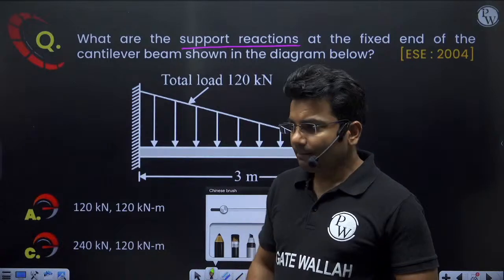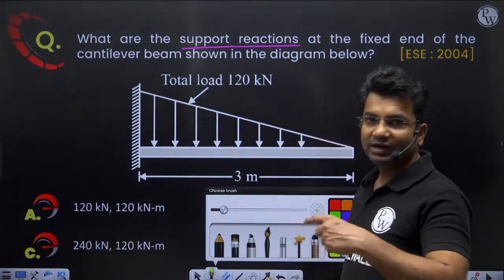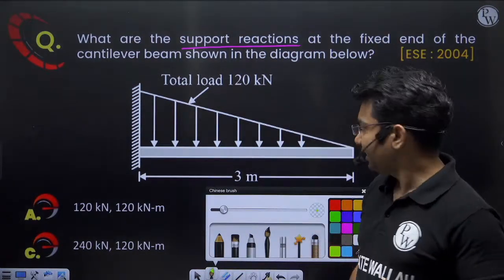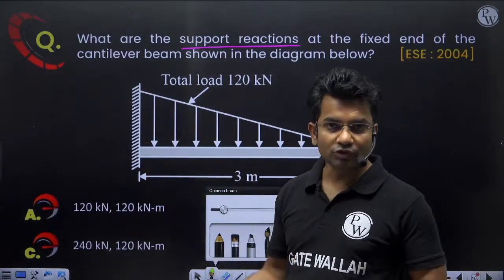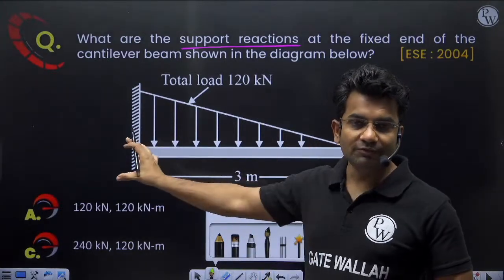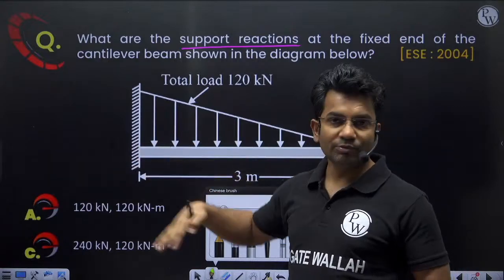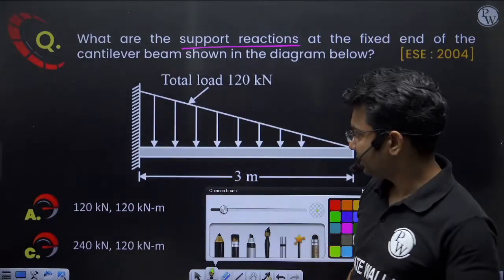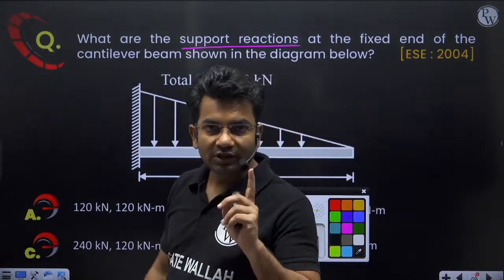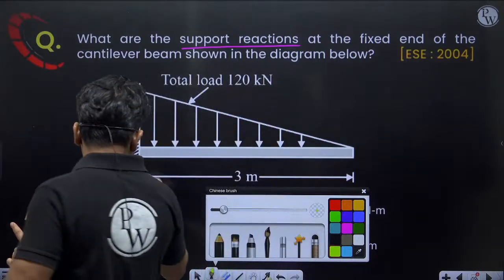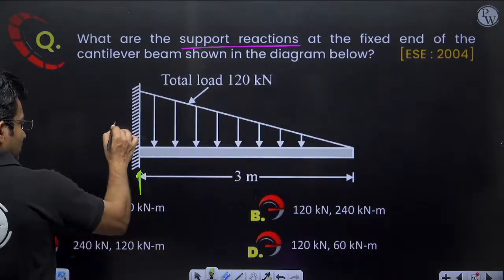But in this case, horizontal reaction will not come. Why? Because there is no horizontal force. If there is no horizontal force on the beam, horizontal support reaction will not be developed. So we have to calculate only the vertical support reaction and moment.